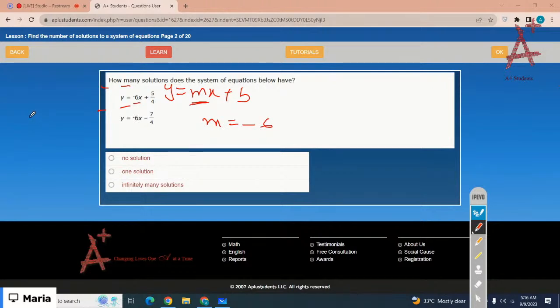They have the same slope, but different y-intercepts, right? That means the equations are parallel and they have no solution, right? The correct option is option number 1. No solution.